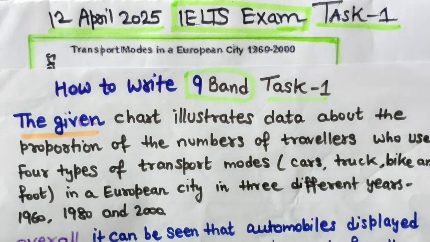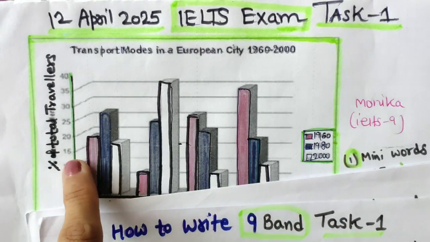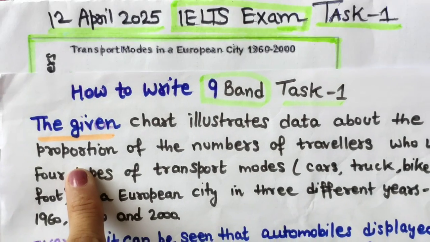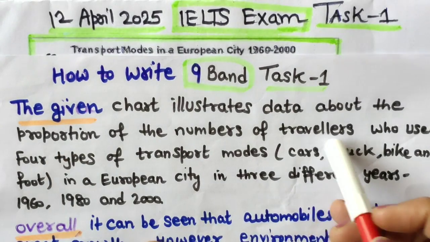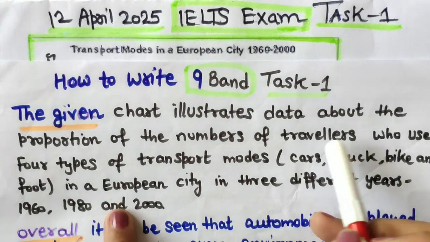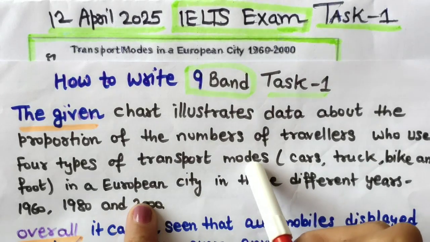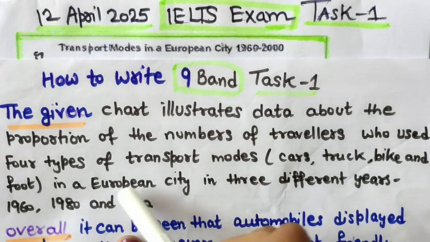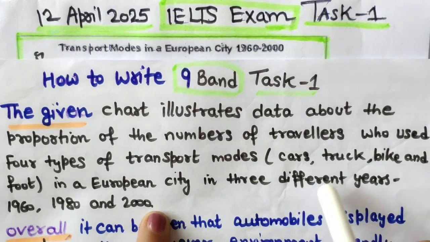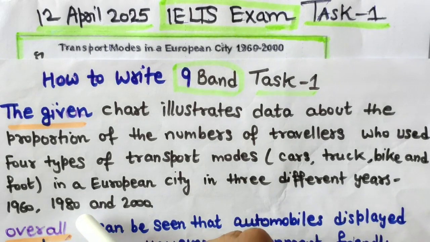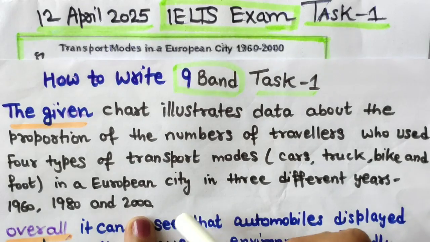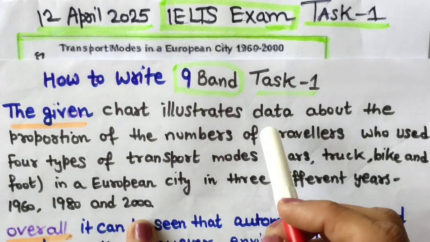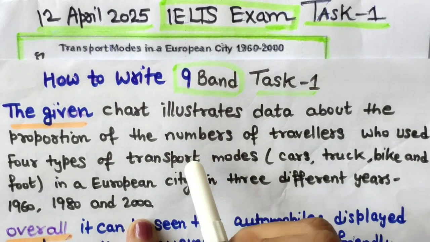Instead of percentage, we have written proportion of the numbers of travelers who use 4 types of transport modes. In brackets I have written cars, truck, bike and foot, in a European city in 3 different years: 1960, 1980 and 2000.